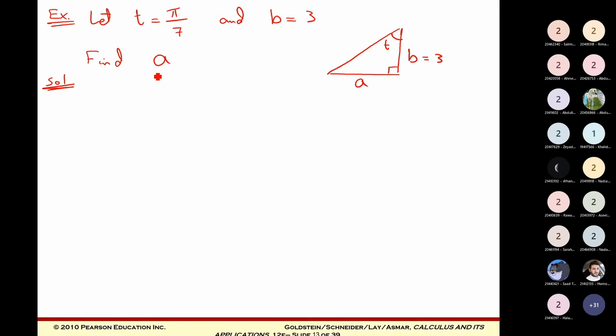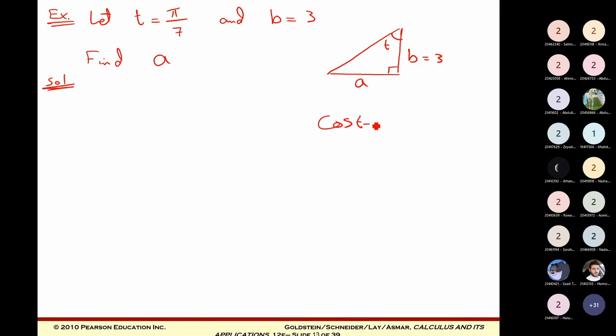Now, if we need to find the value of A using sine or cosine or tan, if we use cosine, it equals what?